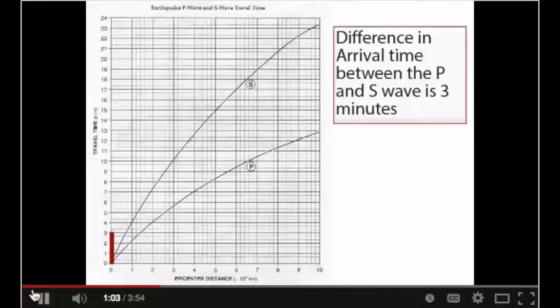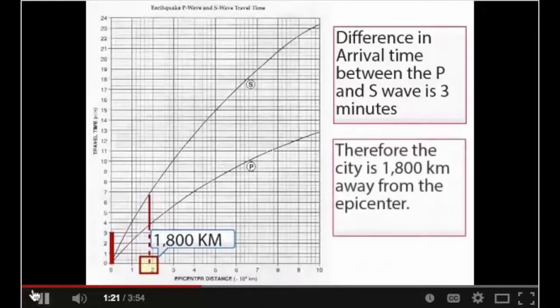See that? Now I slide along the P and the S wave chart until I find exactly where 3 minutes fits. Right there. You see that? Now I drop a line straight down that little dotted line, and I found it. I put a little box around it. That's 1,800 kilometers. Therefore, we now know the city is 1,800 kilometers away from the epicenter.